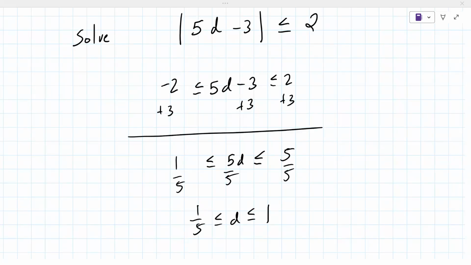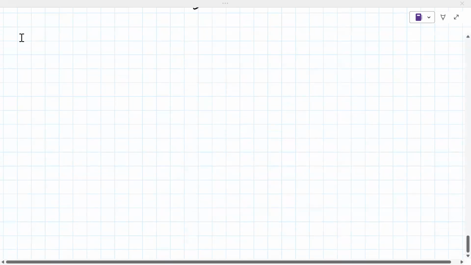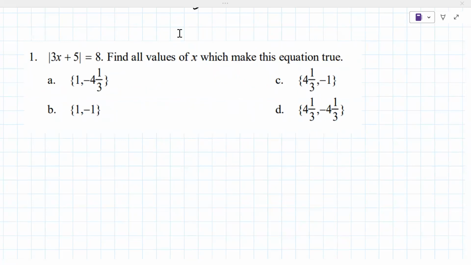Okay. And the last type of problem is where it's just an equal to. So let's have you try one of those. Is it B?